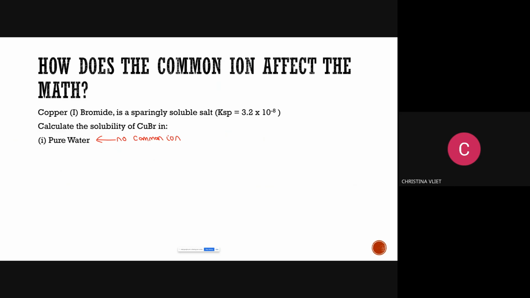We're just going to take CuBr, we dissolve it in water. It doesn't dissolve largely in water. Just like the bell work, how would we calculate the solubility? We call this X, so we're solving for X. And so now what?